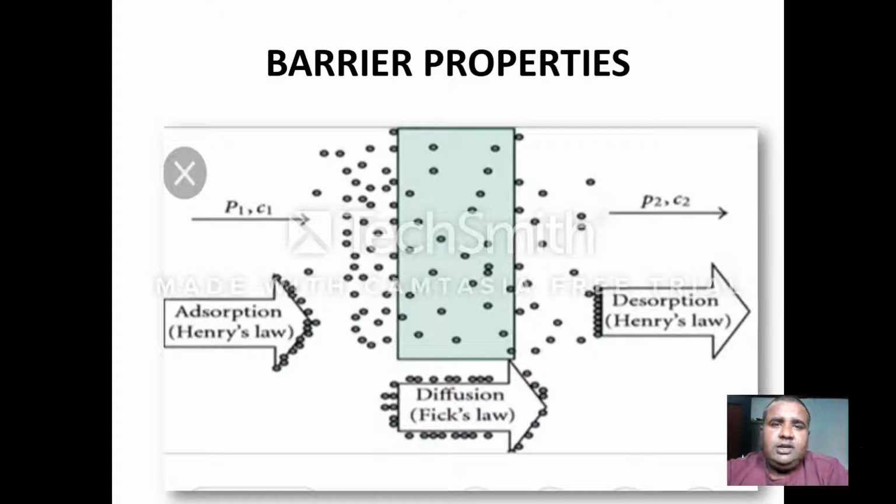So this is the schematic diagram, in which this slight bluish patch indicates a packaging material, and how gas transfer, or water vapor transfer, or flavor transfer can take place from outside to inside, and interestingly it can also take place from inside to outside.